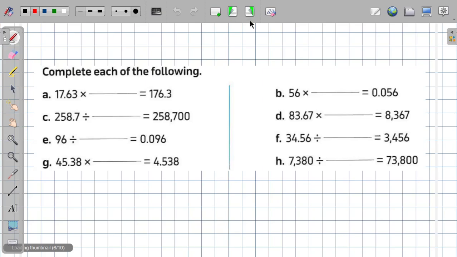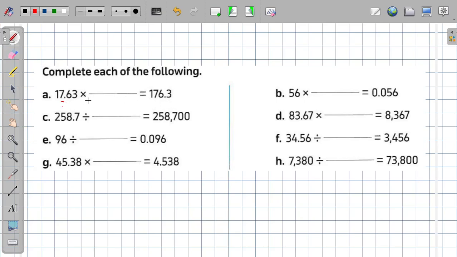So, I have this example. 17.63 multiplied by a number equals 176.3. Look at the digits. We have the same digits in the two numbers.